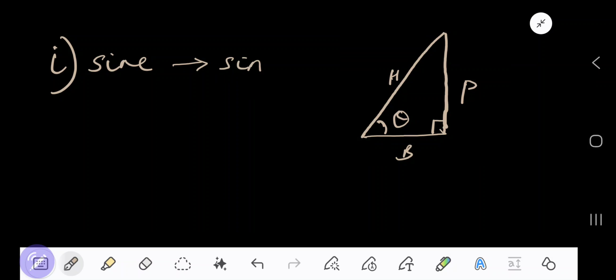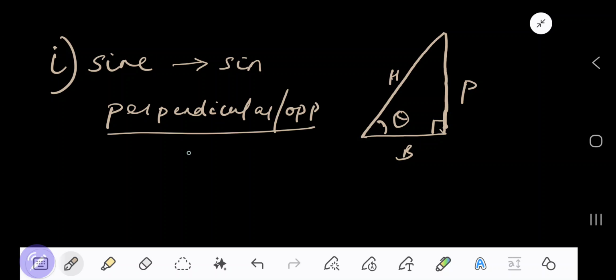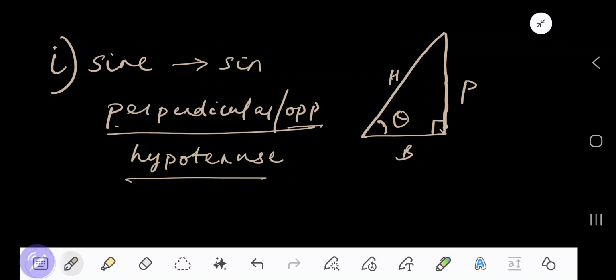And sine is the ratio between the perpendicular or the opposite side divided by the hypotenuse. Right. So sine is just the ratio between the opposite side and the hypotenuse, or perpendicular and the hypotenuse. You have to remember this.